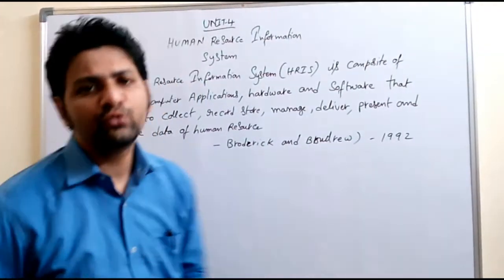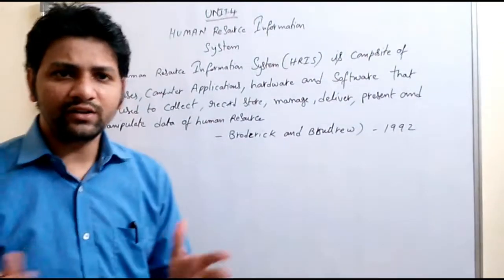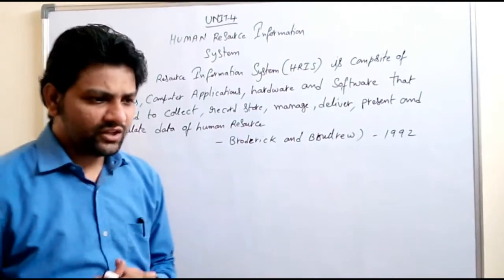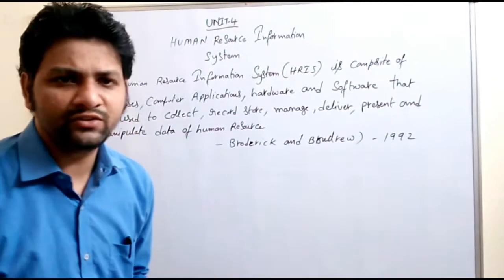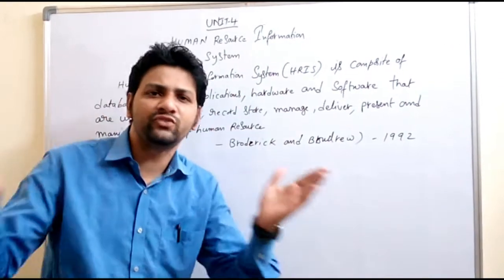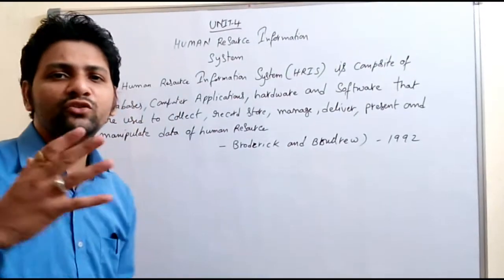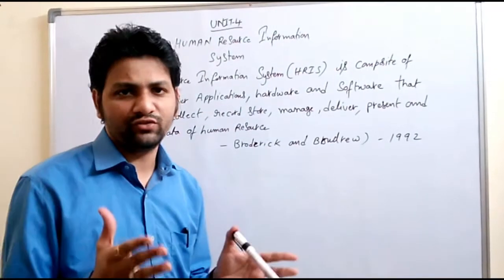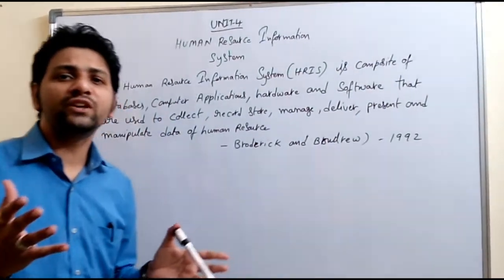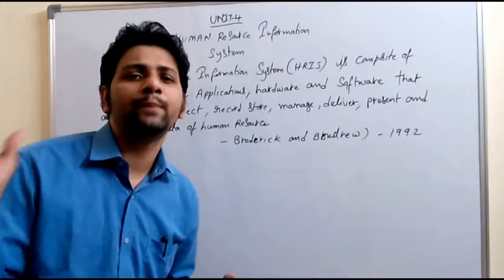The main goal of a human resource information system: nowadays there are so many organizations and institutes, from small scale industries to big scale industries. All these industries need to manage their employees. The employee details will not be stored using paperwork.